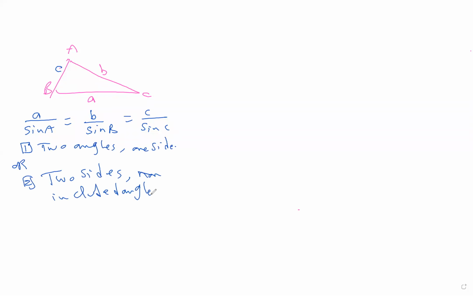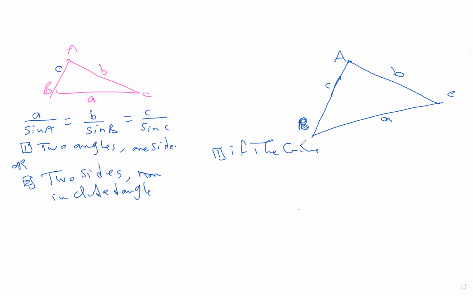We also took the cosine rule. In triangle ABC, this is small a, small b, small c. The rule applies if the given is three side lengths. Then we use the cosine formula, which has two forms.